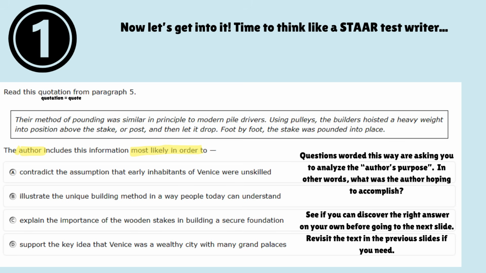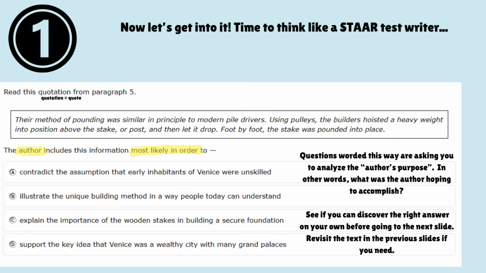And remember, this article was not written for the STAAR test. This article was written separately, and the STAAR test writers decided to take this article and put it in the test. So with that in mind, when the author wrote this quote, why? What was the author hoping to accomplish? So let's see if we can discover the right answer.